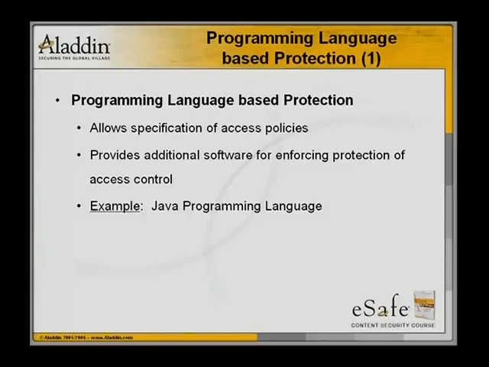Let's speak a little bit about programming language-based protection. Programming language-based protection basically allows specification of access policies. It provides additional software for enforcing protection of access control. One specific example of programming language-based protection is the Java programming language. Java has its own virtual machine.